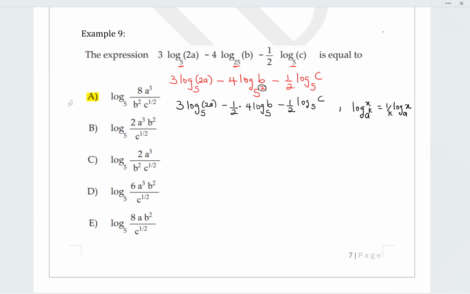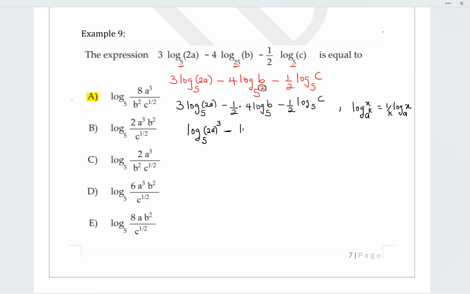Okay, so now we can try to combine things, because you can see this is also like a combination. You have 3 terms, it has become 1. But this we can rewrite as log base 5 of 2a all to power 3 minus, here now, 4 divided by 2 will be 2.